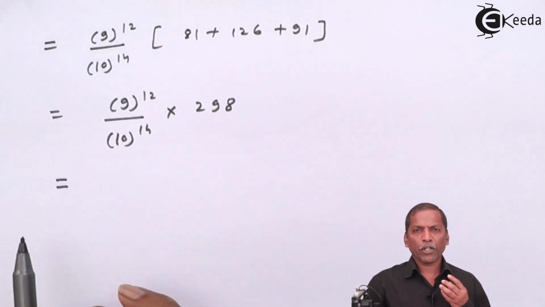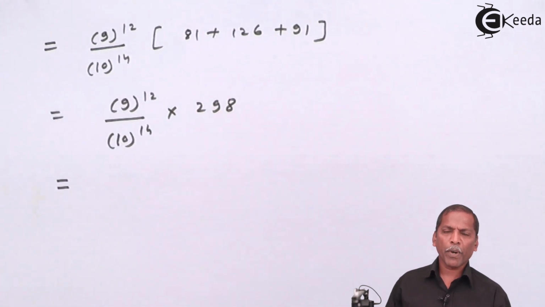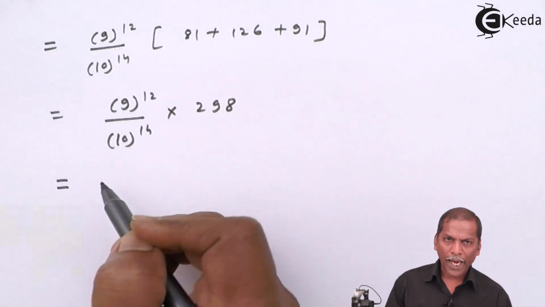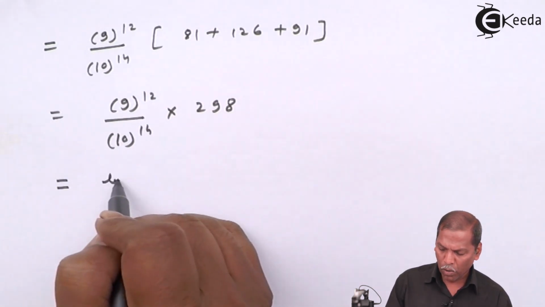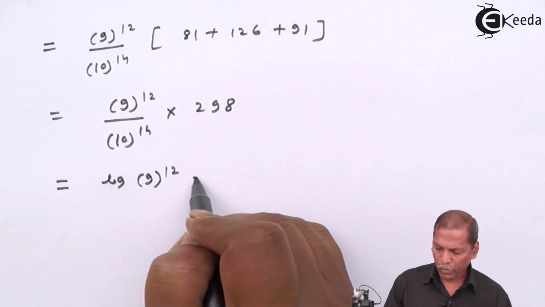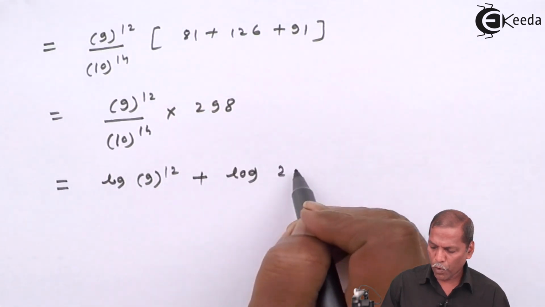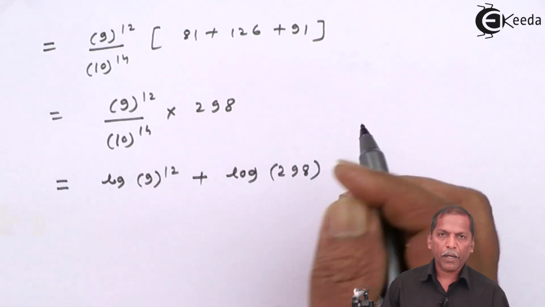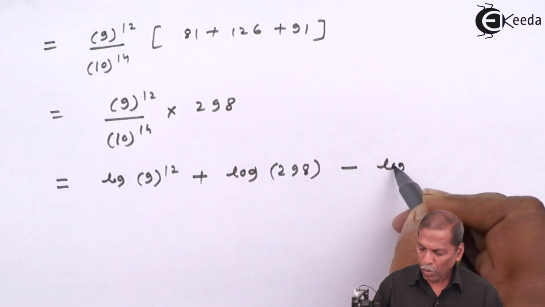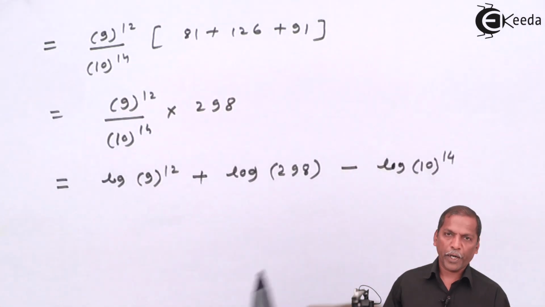So this calculation is quite difficult, but by using log table we can make it as simple as possible. So this I can write as log 9 raised 12, then plus log of 298, and then minus log of 10 raised 14.